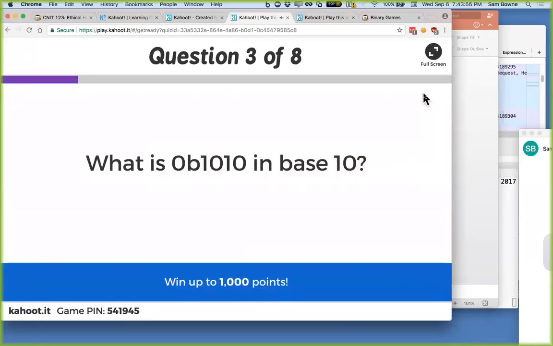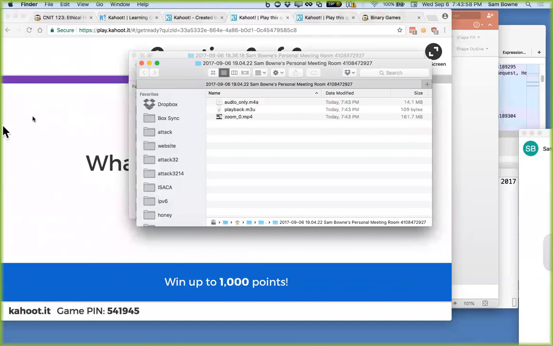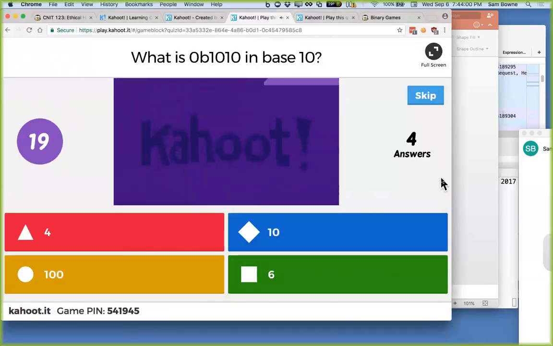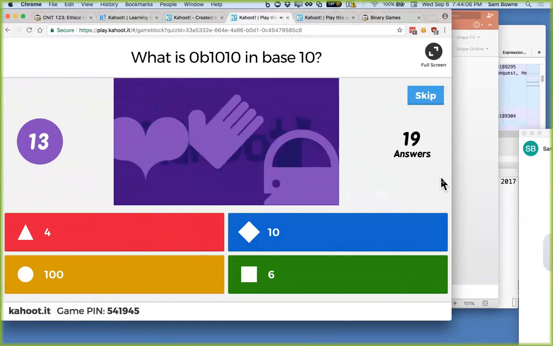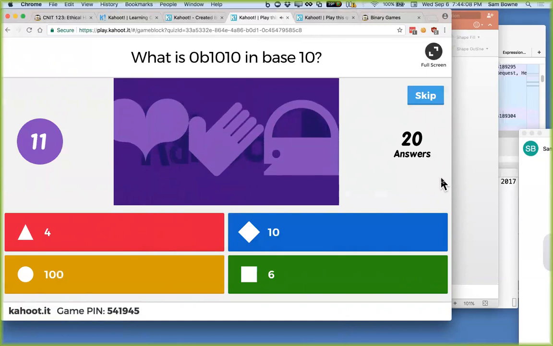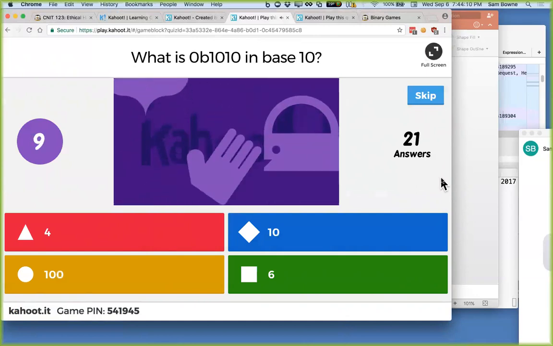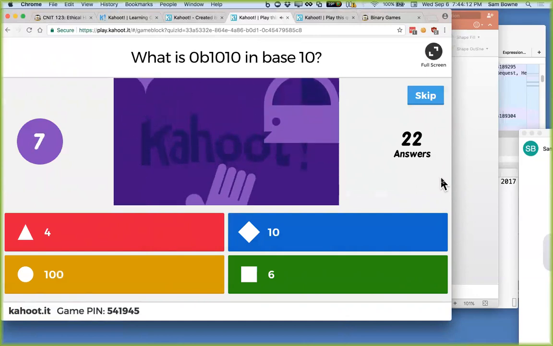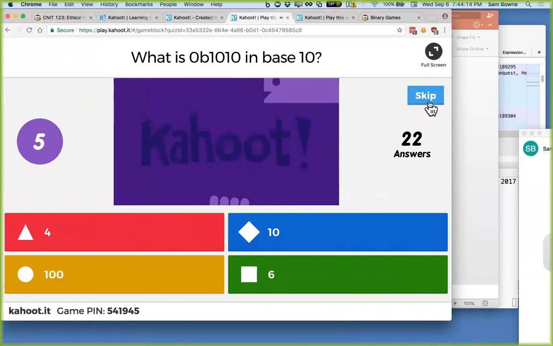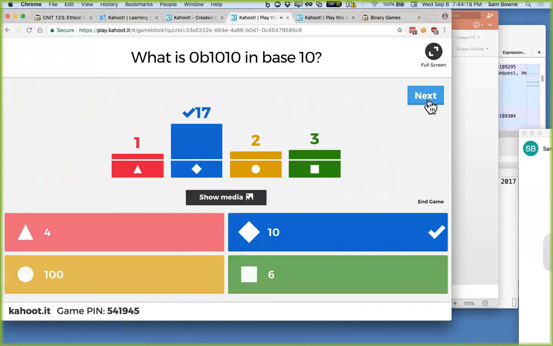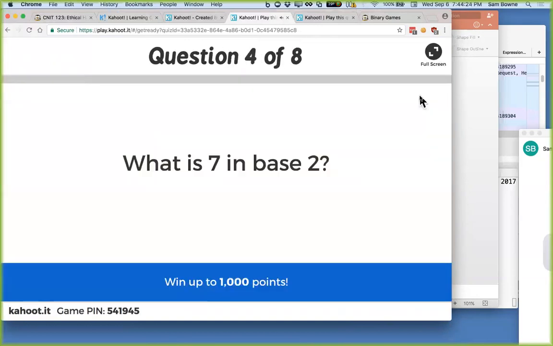All right. How about this one? 1010. Let's get rid of that nonsense. Okay. All right, it's 10 because it's 8 plus 2. Good. A popular answer.